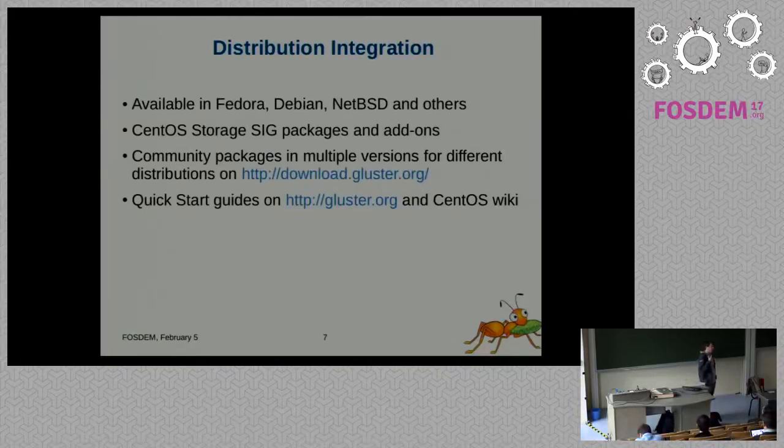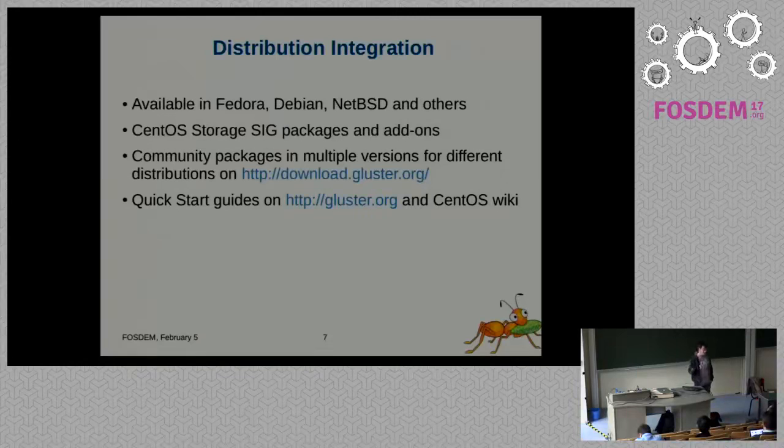All the Gluster packages are part of many different distributions, so we try to push the packages in, for example, in Debian there's a version of Gluster, in Fedora there's a version of Gluster. We provide them for the CentOS storage SIGs. There is a NetBSD contributor that pushes the Gluster packages into NetBSD. There has been work with FreeBSD people to put it in the ports.